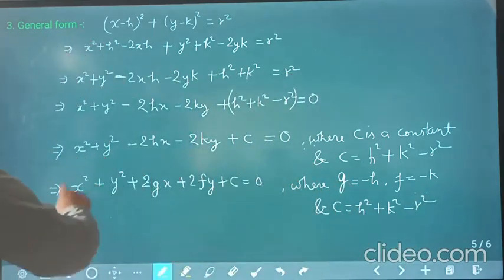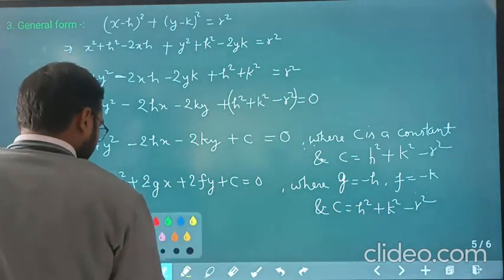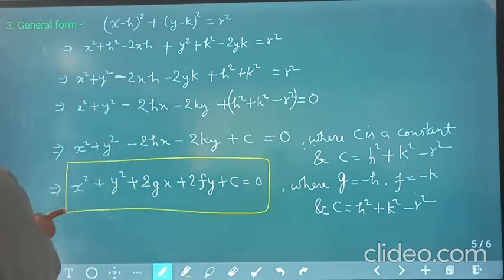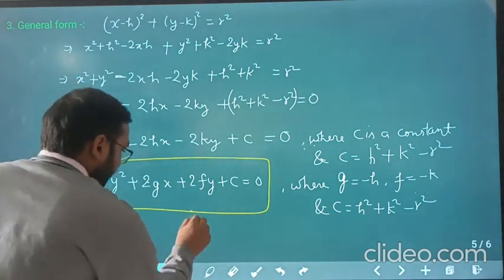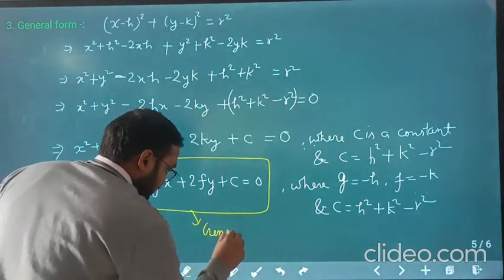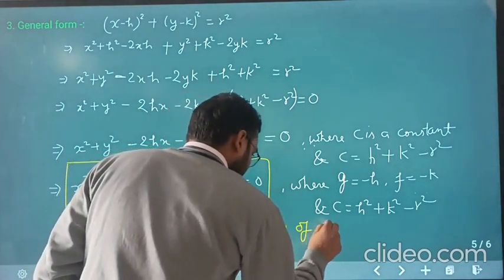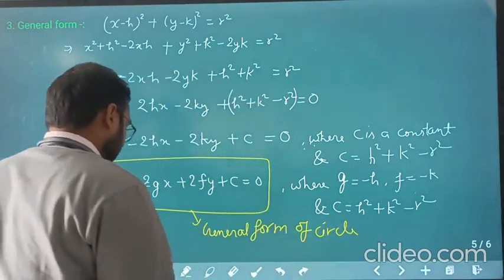And that is the standard form, that is the general form of the circle. That is known as the general form of the circle.